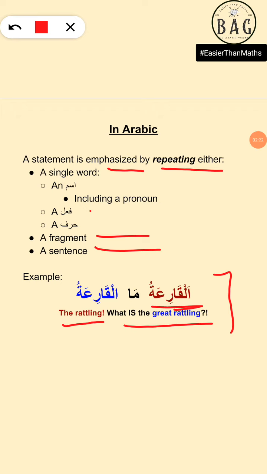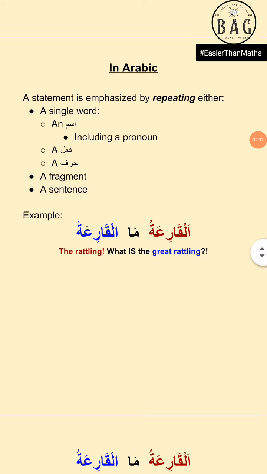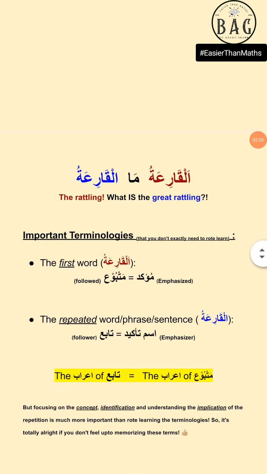So you have the first word and then the second word. The first word is emphasized by this second word that is used as an emphasizer. That's how I like to call it. This was our example. Let's study a bit more about this example.